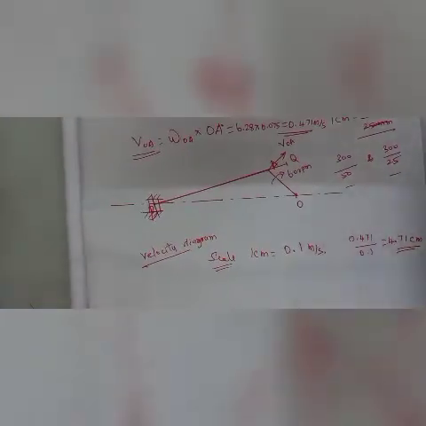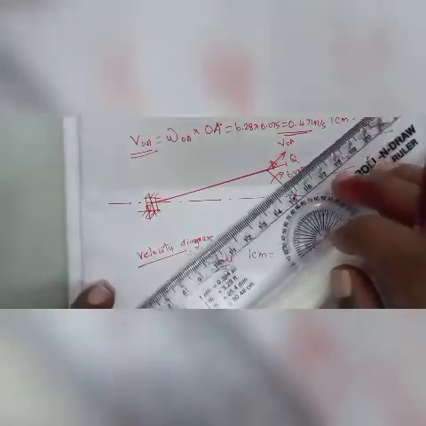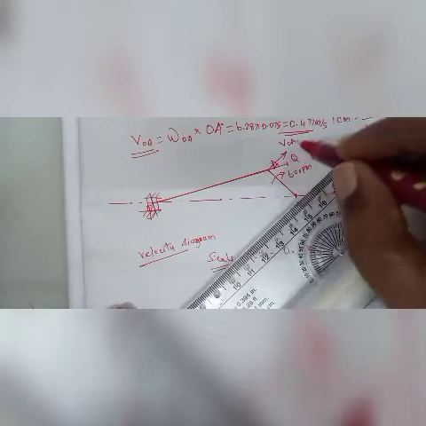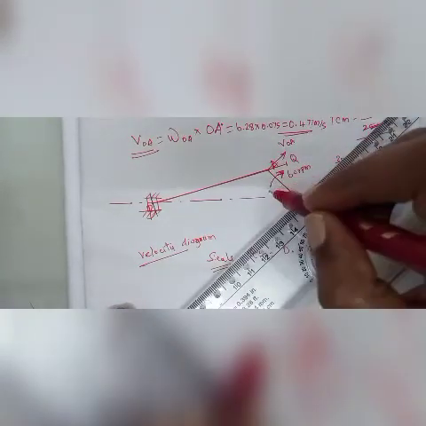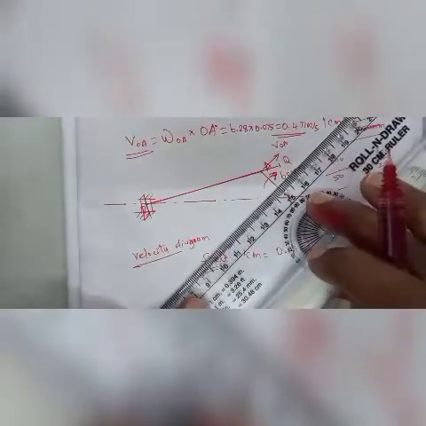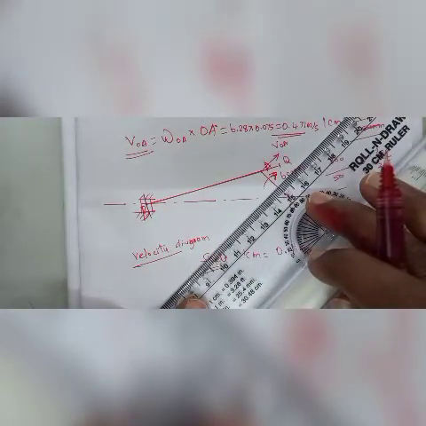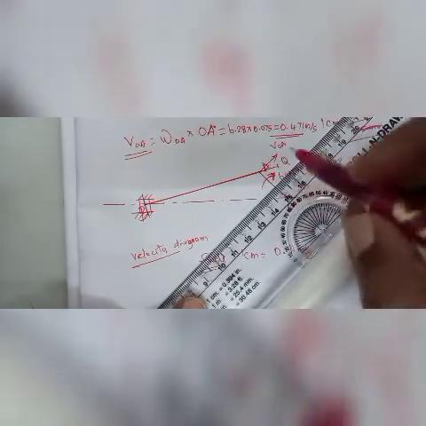Now I need to draw a perpendicular to this link, right? The direction will be upwards, since the crank is rotating upwards, right? So now I am going to draw a perpendicular line. So this is the parallel line.